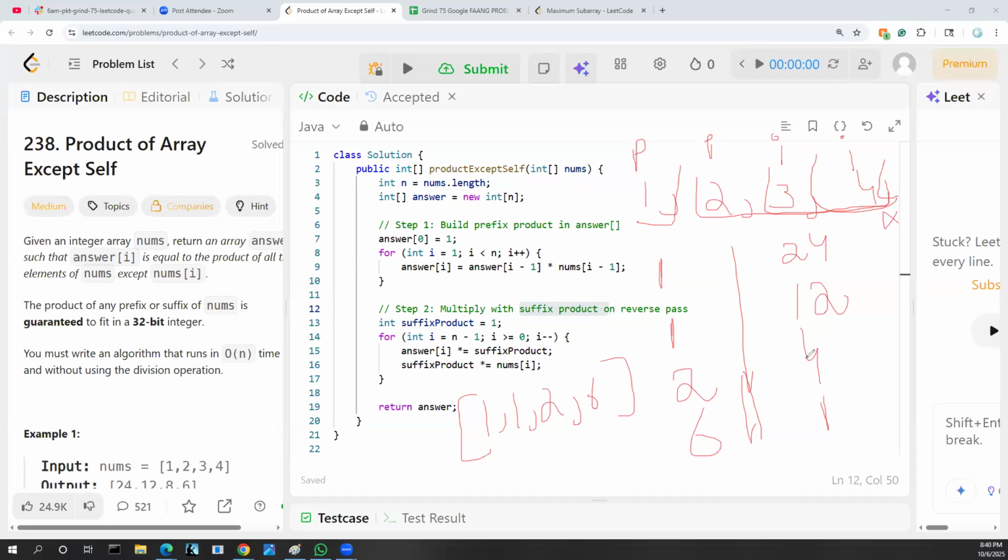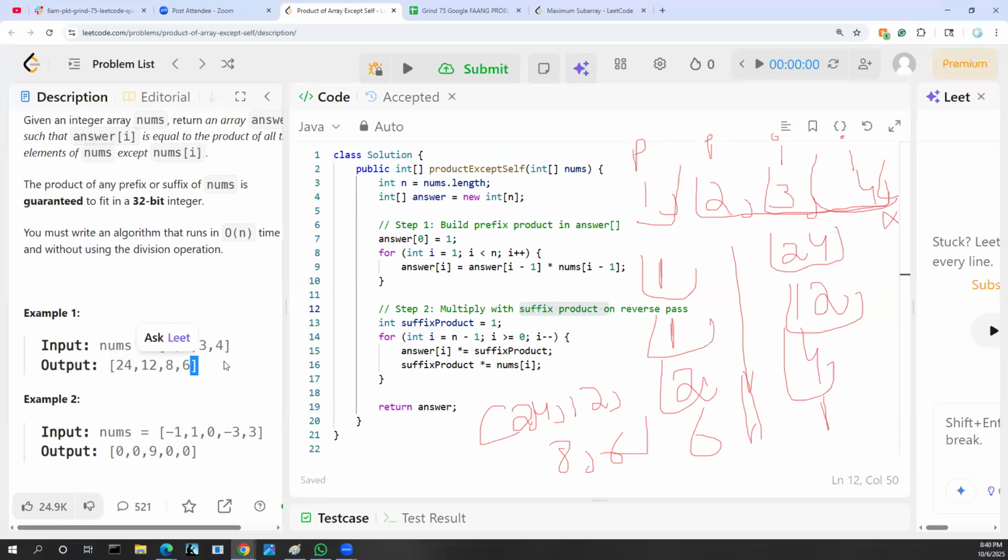If I multiply in this order, 24 by 1, 12 by 1, 4 by 2, 6 by 1, the array I get is 24, 12, 4 times 2 is 8, and 6 times 1 is 6. So this is our answer.